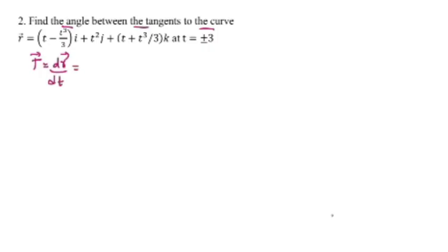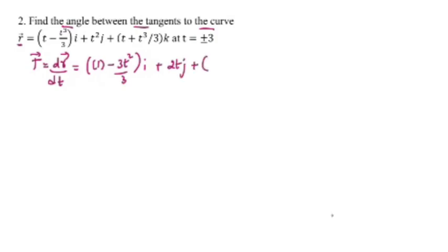So we need to differentiate the r vector. Here we will do differentiation with respect to t. Differentiation of t is 1, minus t cube will be 3t square divided by 3, this i as it is. Then plus t square will be 2t and j as it is.